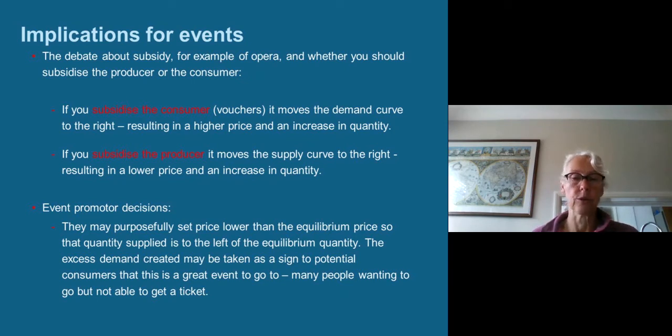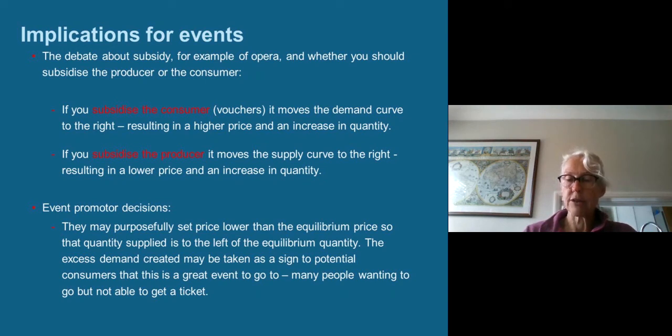Then at the bottom there, I've also raised another issue in terms of if you're an event promoter, the decisions on pricing. Because what sometimes an event promoter will do is actually put the price much lower than the equilibrium price, so that basically the quantity supplied is to the left of the equilibrium quantity. And basically what this does is it creates excess demand.